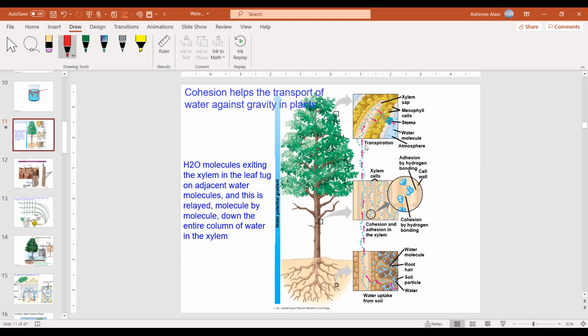And that pull doesn't break the chain because the chain is continuous based on the cohesion of water molecules to themselves, and then back to, this drawing, also from your book, the adhesion to the walls. So it's like the water molecules are crawling up the walls and holding on to each other in a continuous chain, and that is transmitted down the entire length of the xylem.